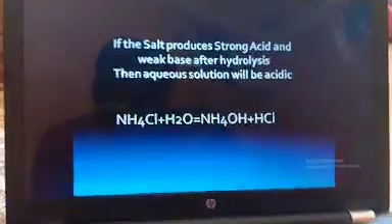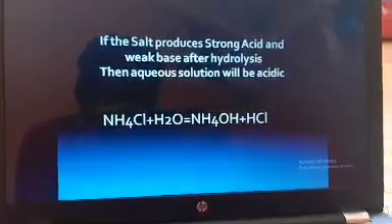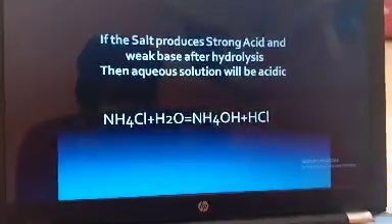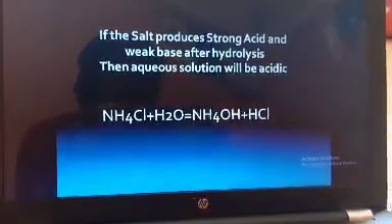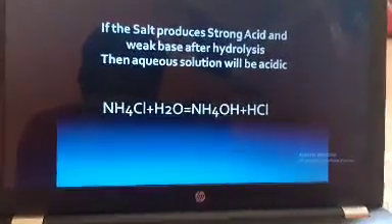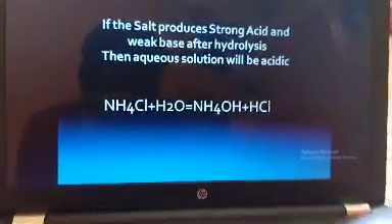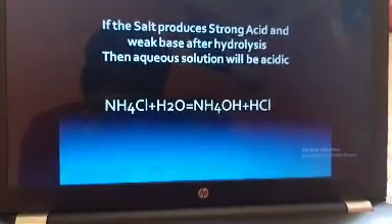Now another example I have taken here. If the salt produces a strong acid and a weak base, after hydrolysis the aqueous solution will be acidic. Consider NH4Cl, and when it is dissolved in water, you see the NH4Cl positive part is NH4 plus, and the negative part of water is OH minus. So these two will combine to give what?